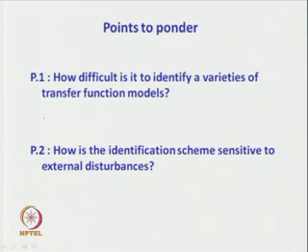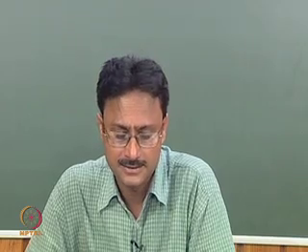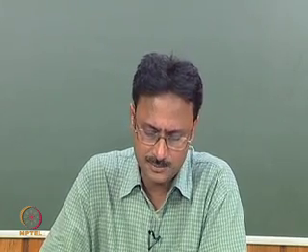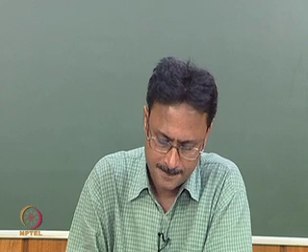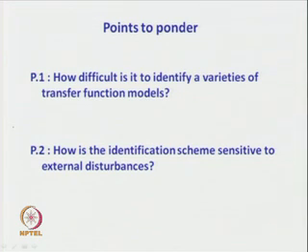As you have seen, the model can be of a general form or of any form, but only two unknowns of the transfer function model can be estimated using the describing function analysis. So, some other tests or multiple relay tests might be made to identify a variety of transfer function models.